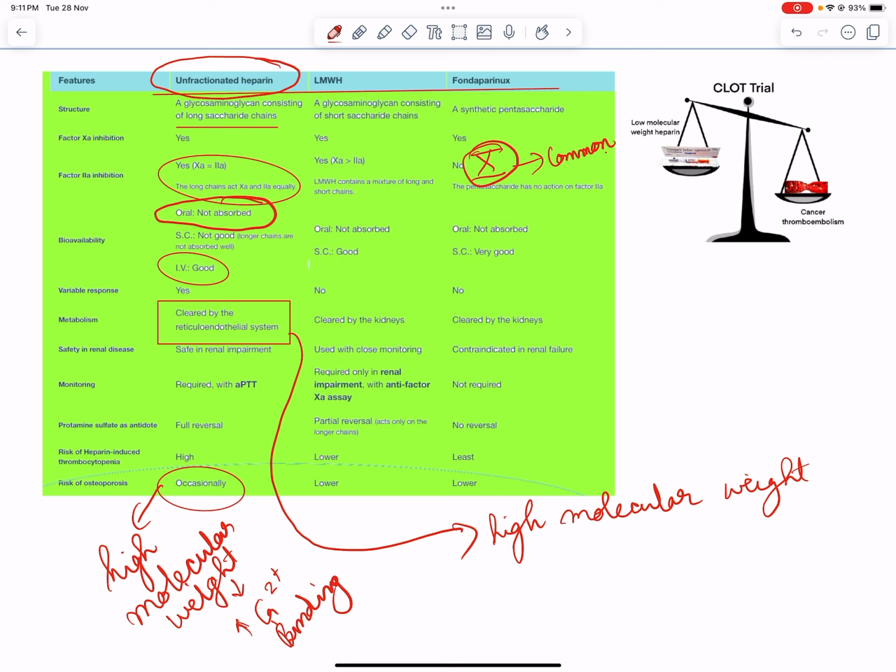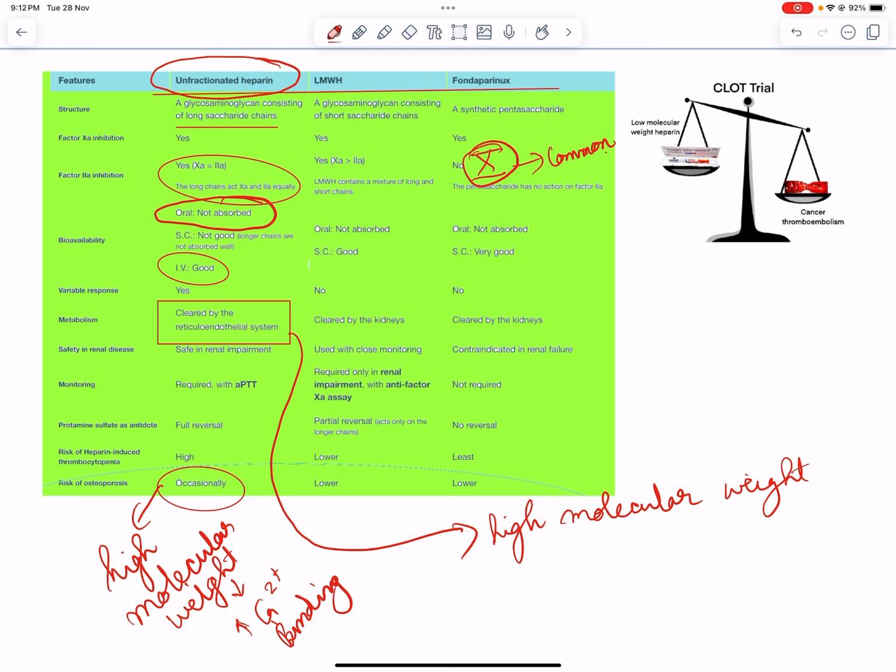So the molecules cannot be taken orally, because they would ultimately be digested. If you have to target factor 2 or factor 10 in the body, it has to be given IV. So all three drugs are given IV.